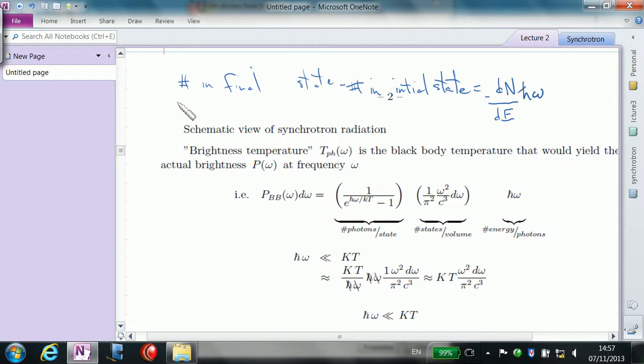Now, the fractional difference: I divide by the number in the final state, and then this is 1 over n, right? Because it's about the same.